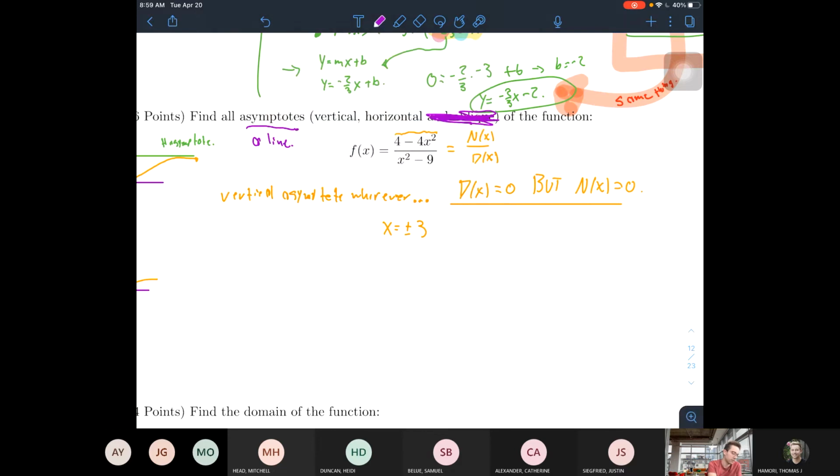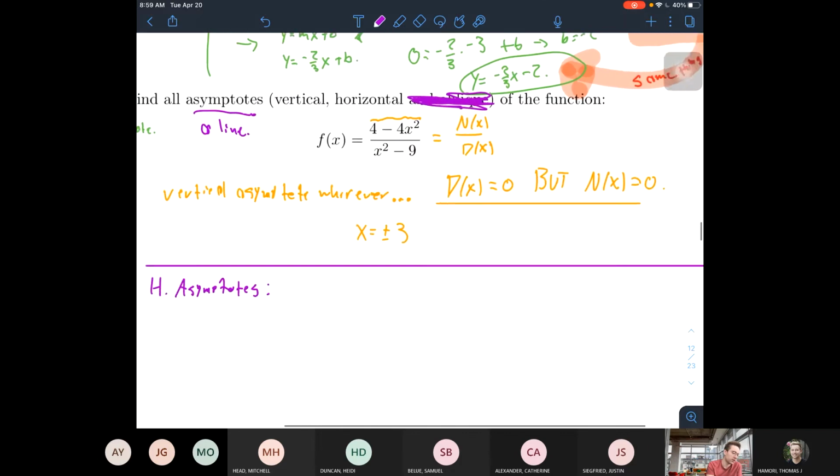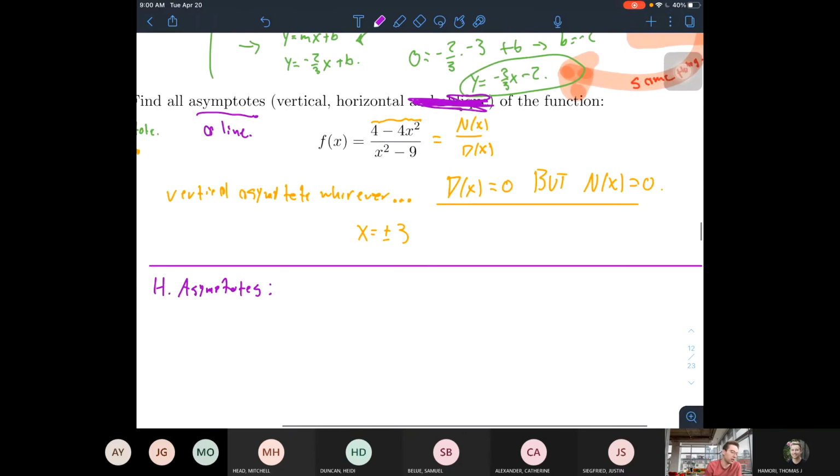Okay. Now, horizontal asymptotes was a bit of a different situation. What did we need to look at in order to determine whether a rational function had a horizontal asymptote or not?